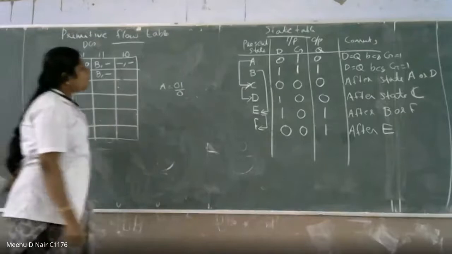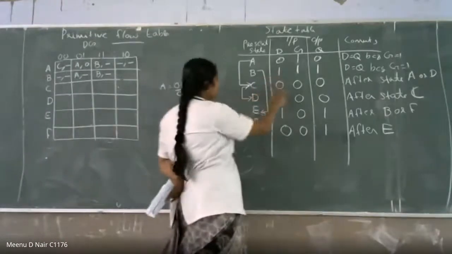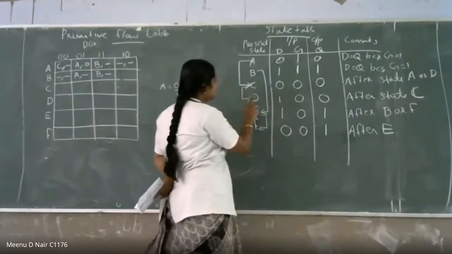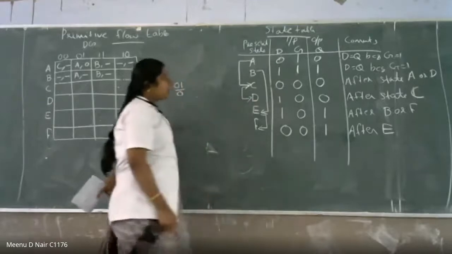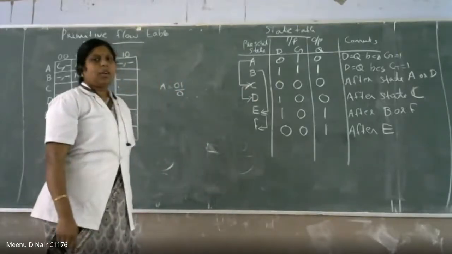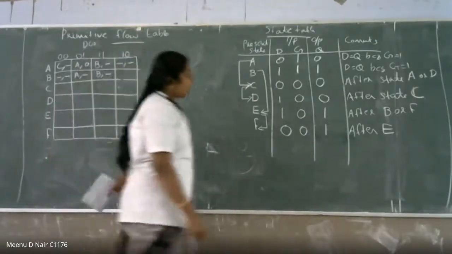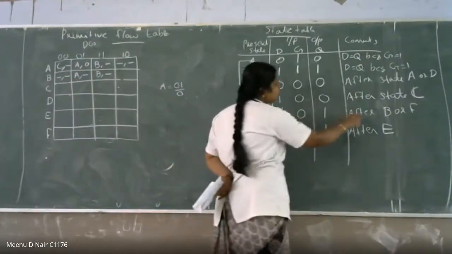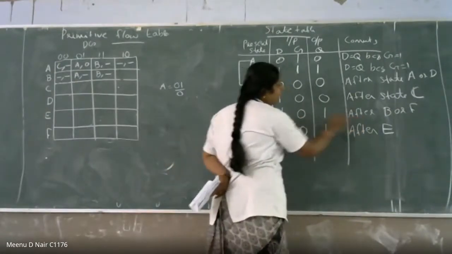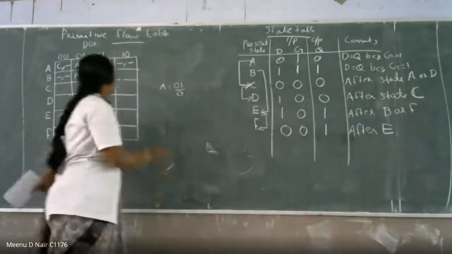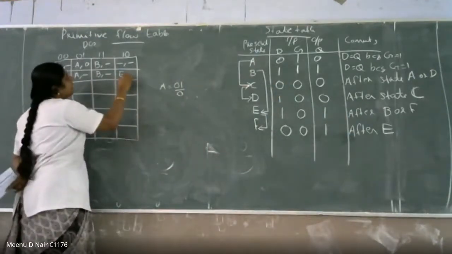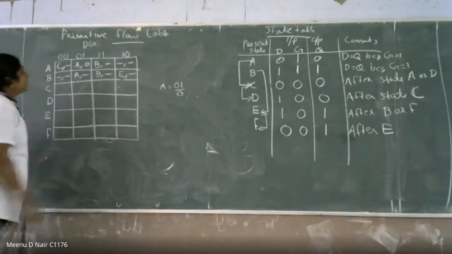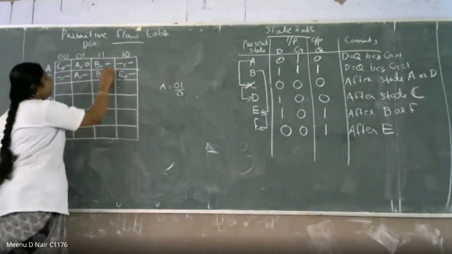Then B to 1 0. For 1 0, here it is D and E. Which one are we going to take? D or E? That's why we are writing the comment here. So E comes after B or F. So you have to take the E value. E comma dash. Sorry, here it is B comma 1.